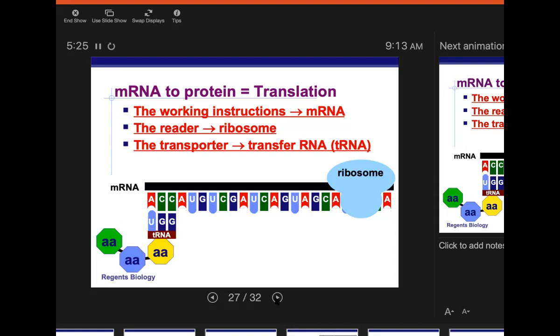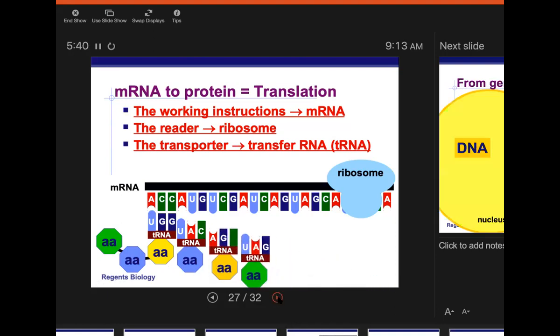You can see here, tRNA is bringing amino acids in, and then those amino acids bond together, and this process continues. What you'll end up with is a chain of amino acids that bond together to form a protein.